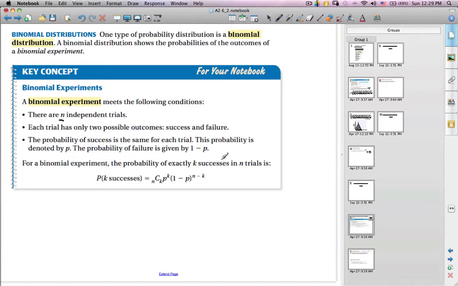That makes sense. And then for each binomial experiment, we can calculate the probability for each individual thing happening, meaning exactly K, by using the combinations and the probability of success to the power of K, and the probability of failure to the power of n minus K. So we're going to use this little formula, and we're going to make a binomial distribution.